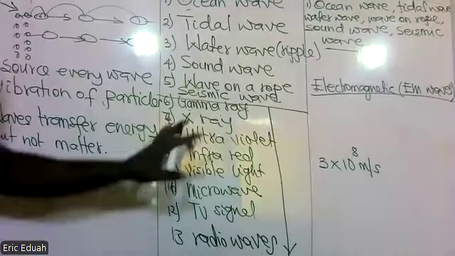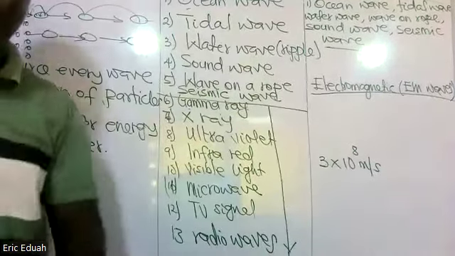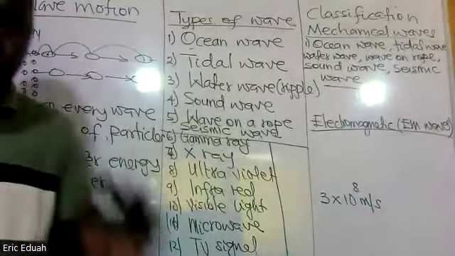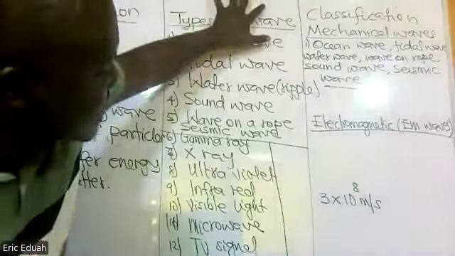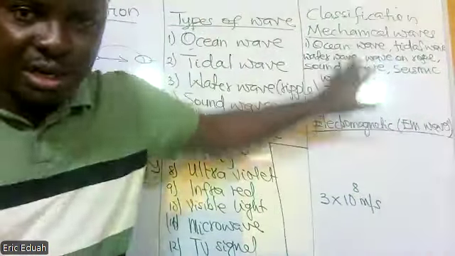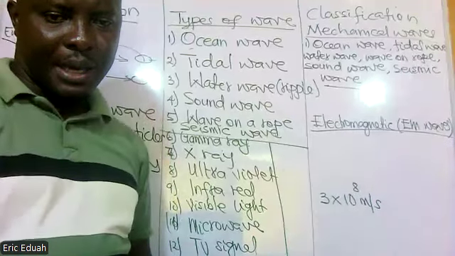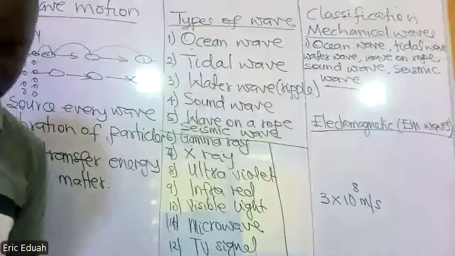Then under the same list of waves, there is also another classification. So please, we are classifying the types of waves based on the fact that they require a medium for propagation or not.